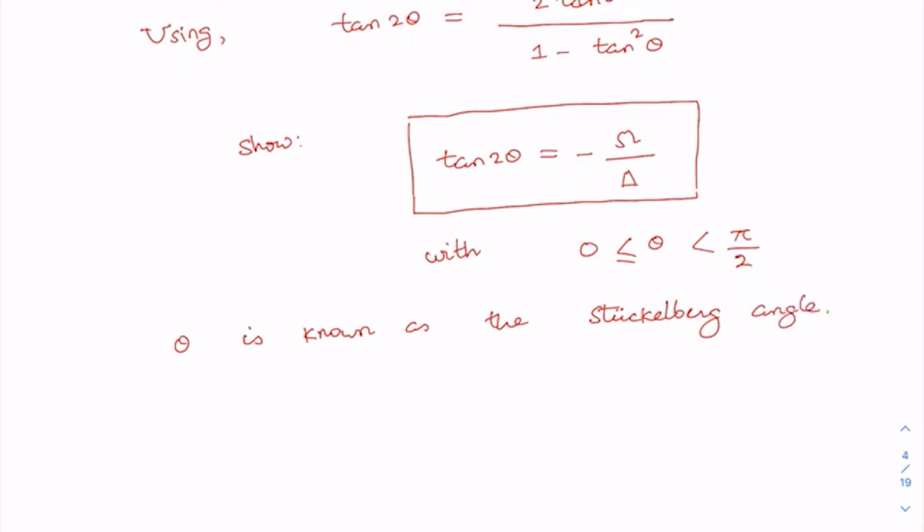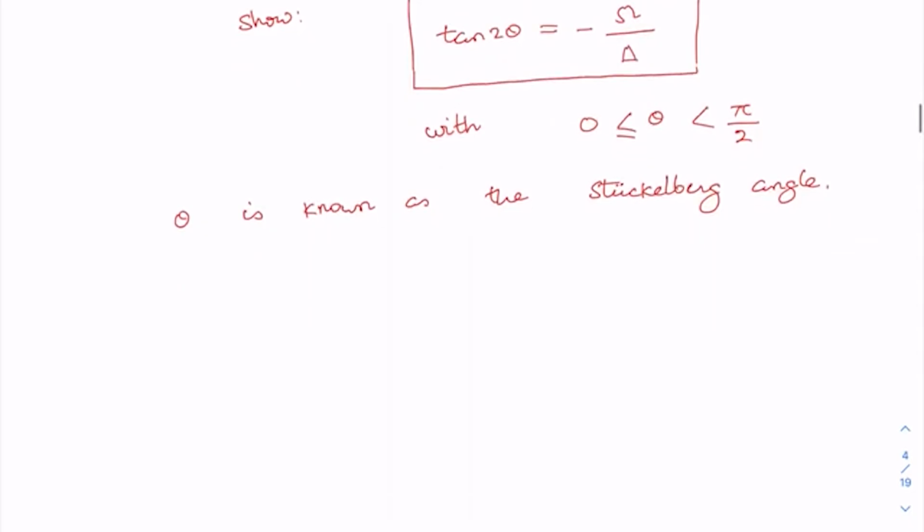Okay, now we can see from these eigenvalues that E plus minus is equal to minus h cross delta by 2 plus minus h cross omega tilde by 2.